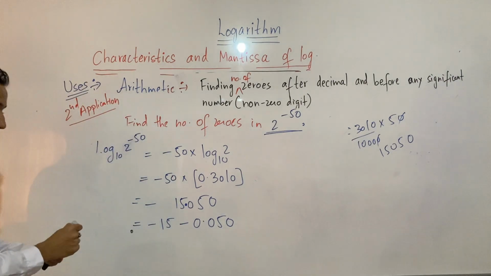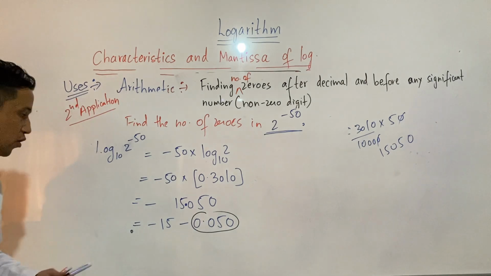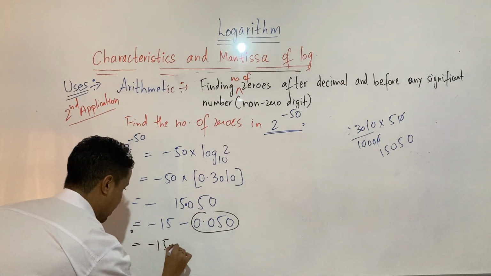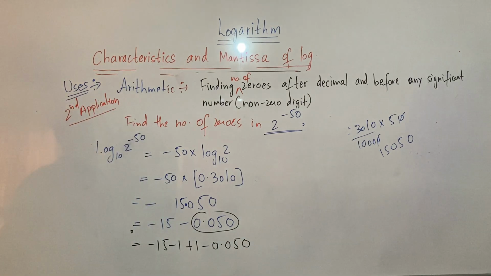Now, Mantissa cannot be negative, right? It has to be positive. So what I will do here is add and subtract 1.